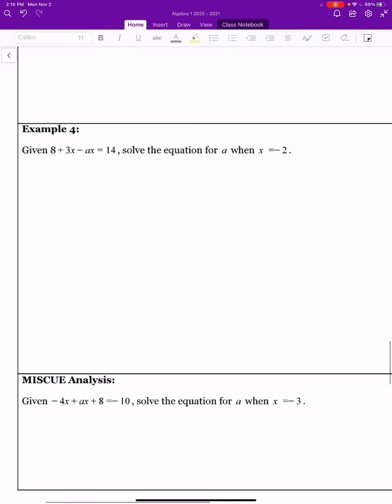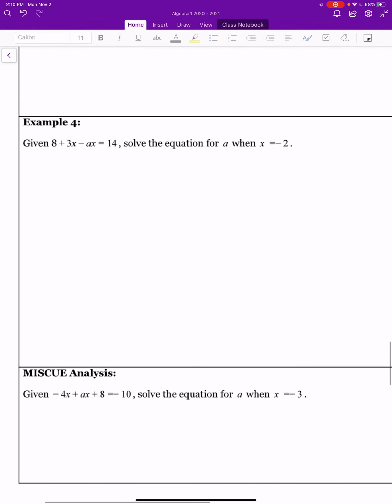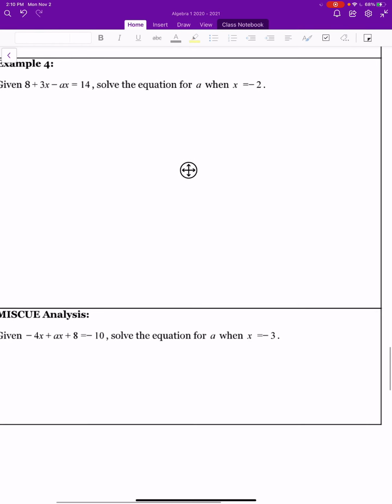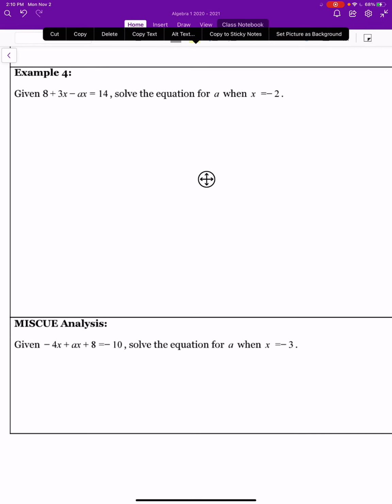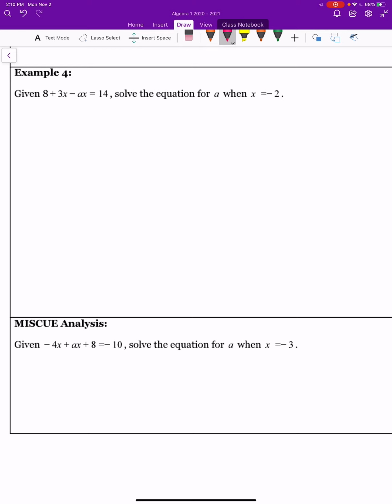All right, so here's our last example. Thank you so much for sticking with us. Example 4: given 8 plus 3x minus ax equals 14, solve the equation for a when x equals negative 2. Here I have two terms that are not alike, ax and 3x, so I've got to do something about that. But it says I need to solve for a.